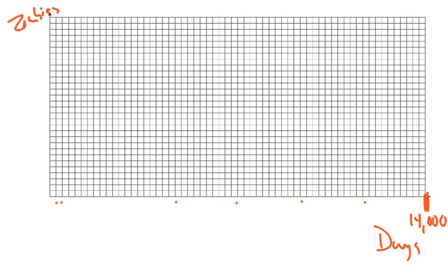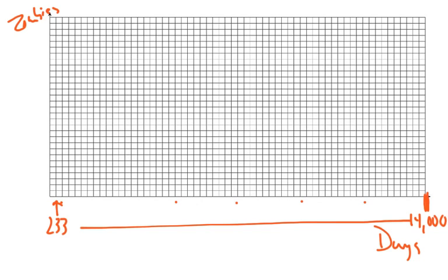Okay, there's 60. So if I take 14,000 and divide it by 60, each one of these is about 233. Okay, days. So each of those squares stands for 233 days. Okay, up until I get to there. Now, could I write more in?